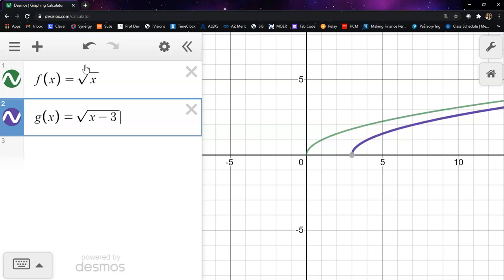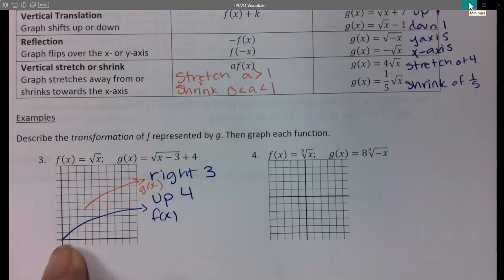And then I want to remember to arrow out of the radical to do the plus 4, otherwise it'll still have it in there. So notice the starting point, it went right 3 and then up 4.